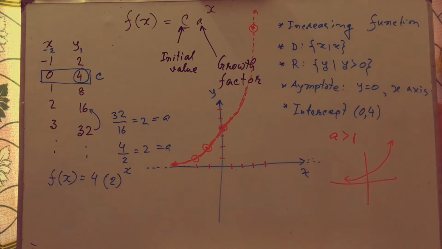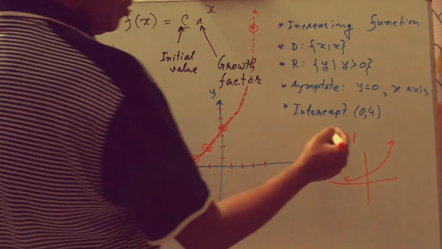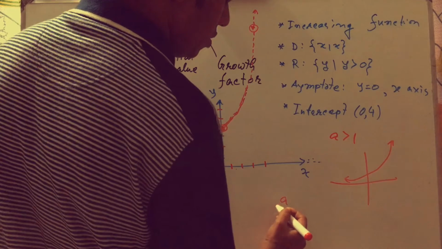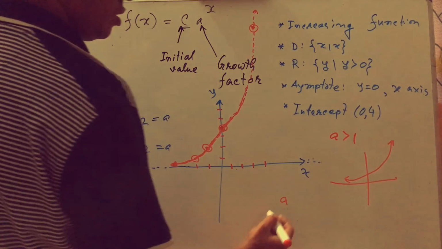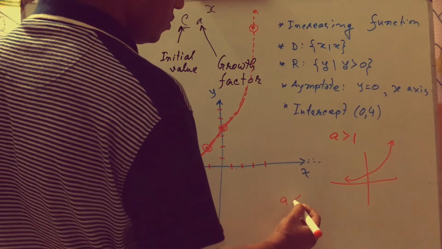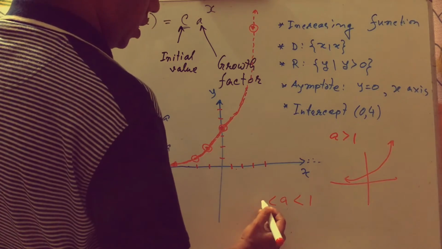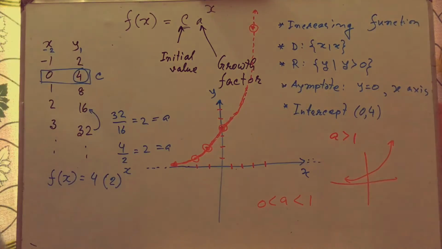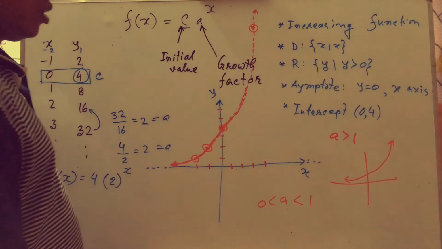And if a is between 0 and 1, let's say a is greater than 0 and less than 1, then the graph will be like this.